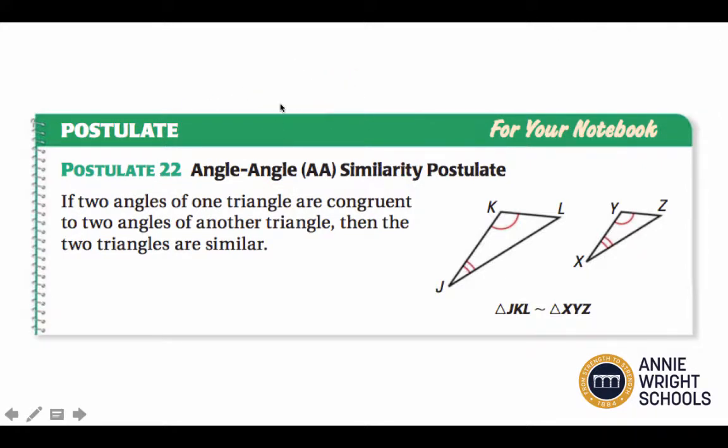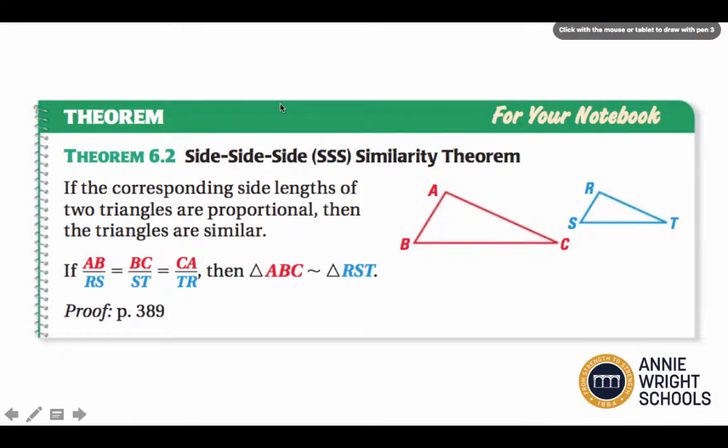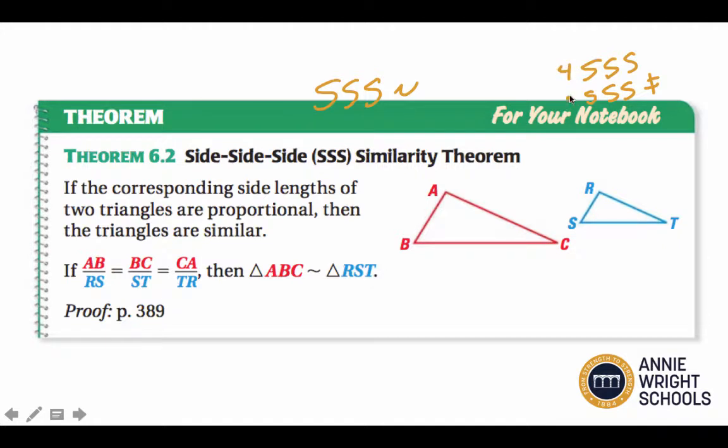Here I'm going to write SSS similarity, and I'm going to use that similarity symbol when I write SSS, especially to distinguish between SSS, which means the 2 triangles are congruent, and SSS inequality, which means 2 sides of a triangle are congruent to 2 sides of another, and we know the relationship in size between the third side. Chapter 4, Chapter 5, Chapter 6.